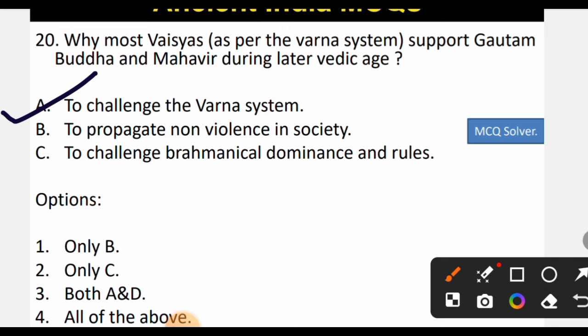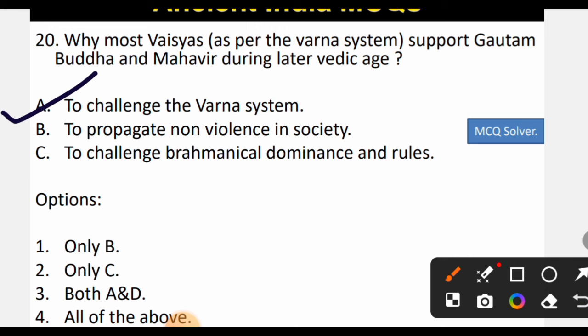As per the later Vedic society, the Varna system was now based upon birth, which was not present in the Rig Veda, where the Varna system was based upon work. A person should be divided into different Varna based on the work they do. So that's how it was.